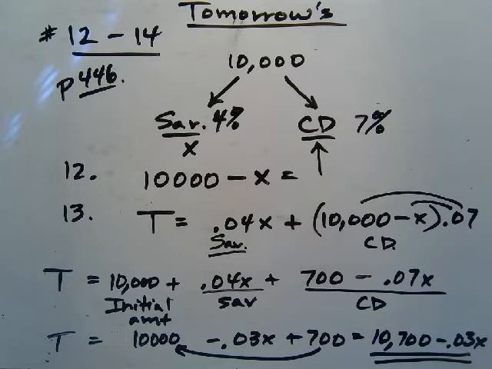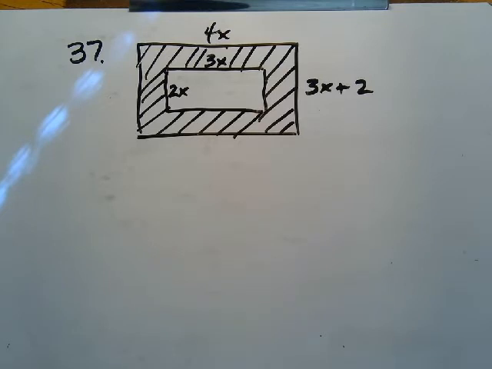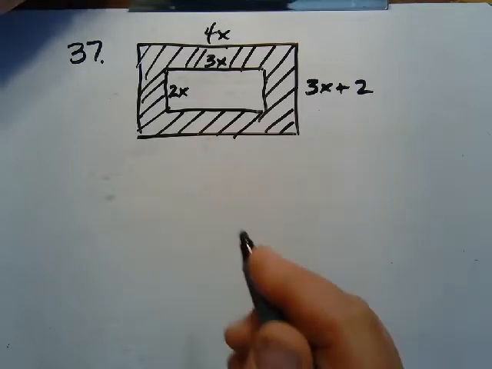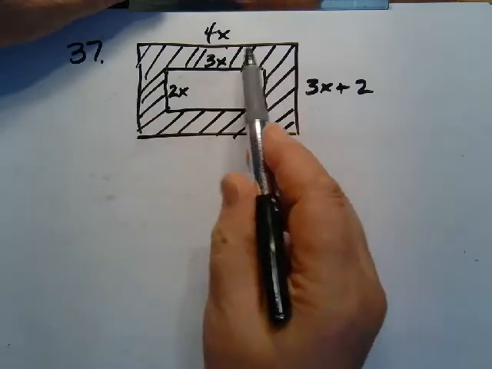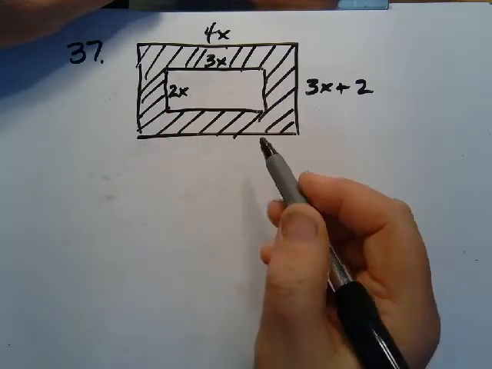All right, let's look at one more with a picture. Here's the geometry problem, and it's the kind of thing you may have done in the past. You're probably going to do it in geometry class when you get to that class. The problem is asking for us to find the area of the shaded region, and that's what I'm showing with these hash marks here.